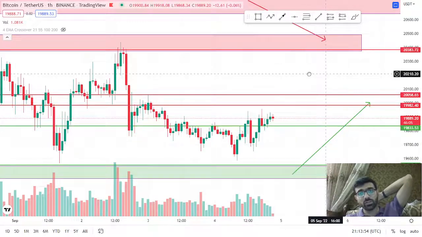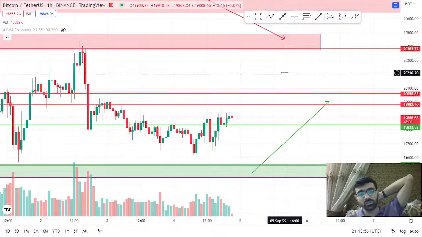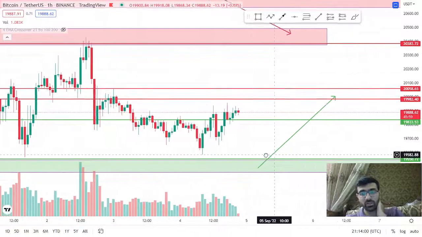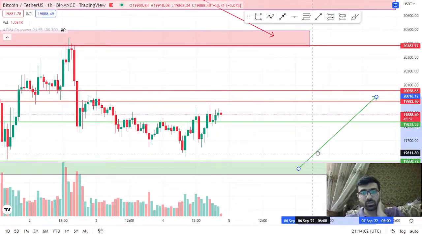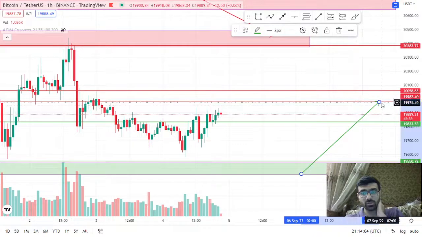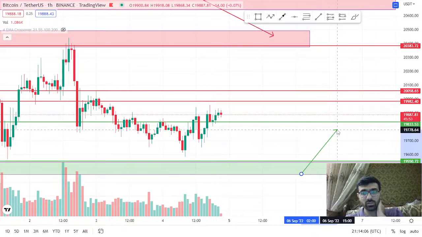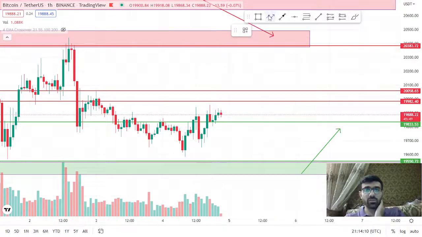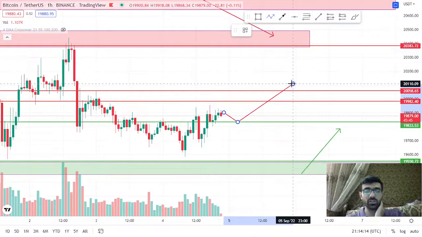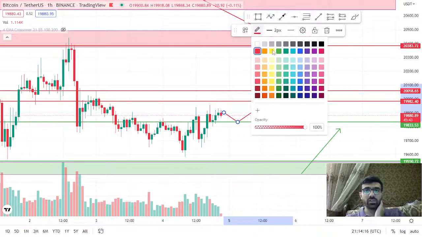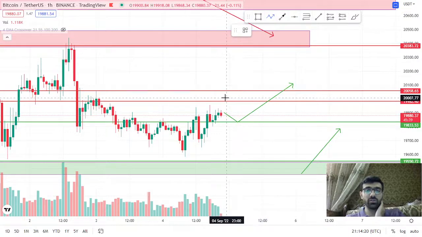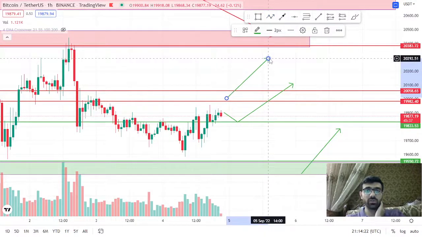So until and unless I am going to go long, then my favorite area to go long would be from this area. So let me just put on a good buying opportunity from here. Now let me put a good buying opportunity from here till here, something like this. And if I am a risky buyer, then I am going to go long from here as well.